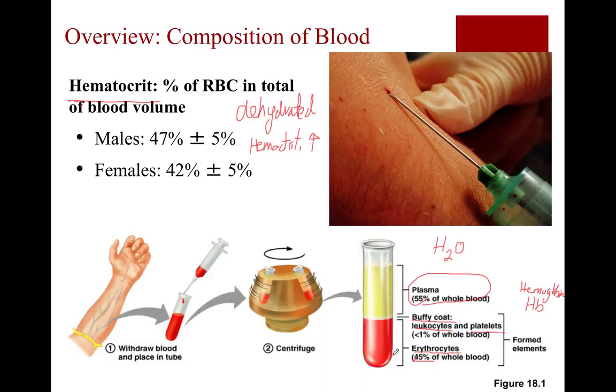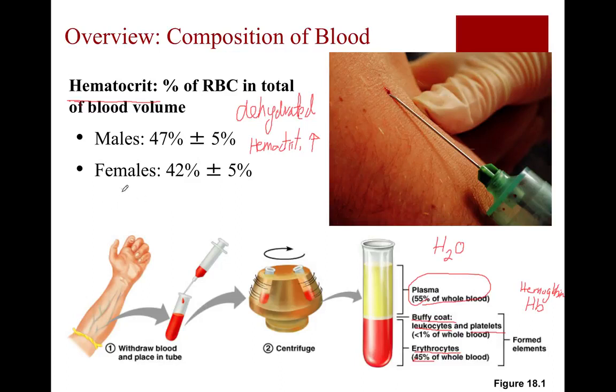So basically you will have more red blood cells in relation to your whole blood. And again, the opposite of dehydration would be overhydration. So if you're overhydrated, then your hematocrit percentage will decrease and your plasma level in relationship will increase.